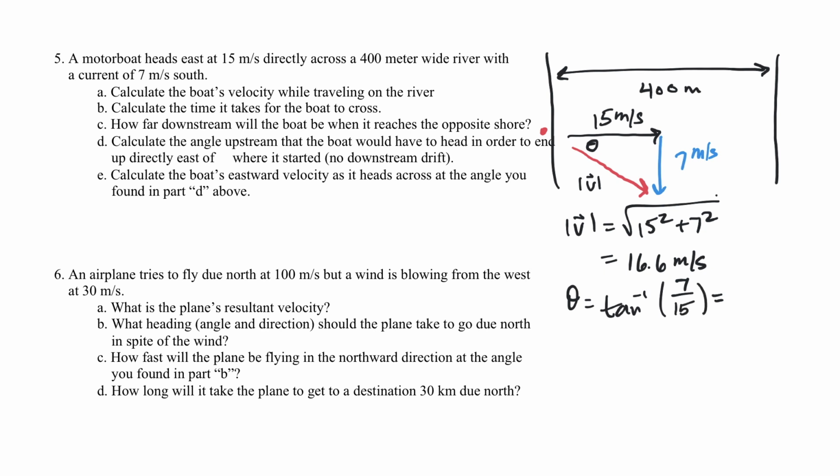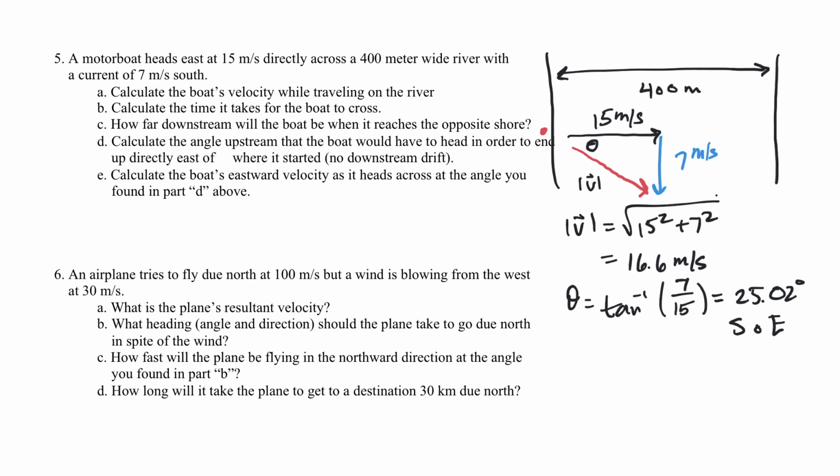I got negative 25.02 degrees. But we're going to characterize that with a cardinal direction. It would be south of east. I could have just said negative 25.02 degrees because it's in the fourth quadrant, but I can also say that if you go east and go down towards the south, this is exactly how that would work out.